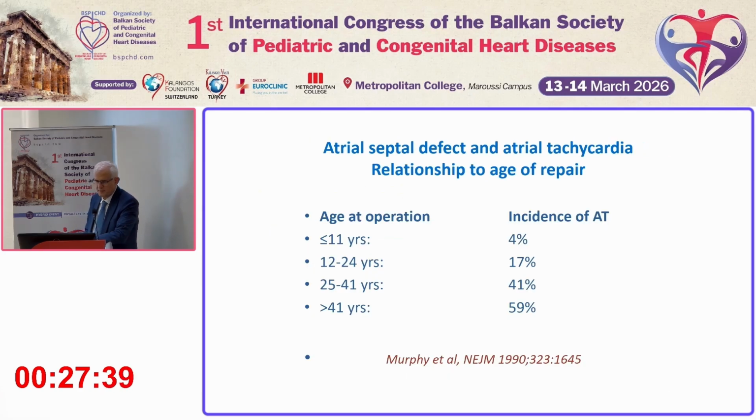Patients with atrial septal defect develop arrhythmias progressively at a higher incidence depending on the age of surgery. If a patient is operated before 11 years of age, the incidence of atrial tachycardias is only 4%, but it progressively increases with older age at repair and becomes very frequent if patients are operated on after 40 years of age.